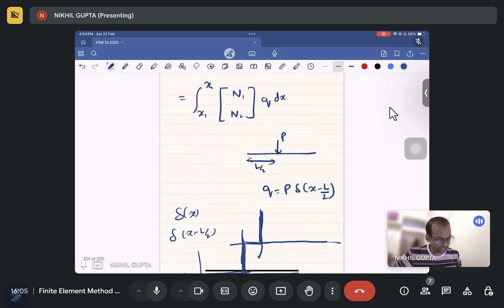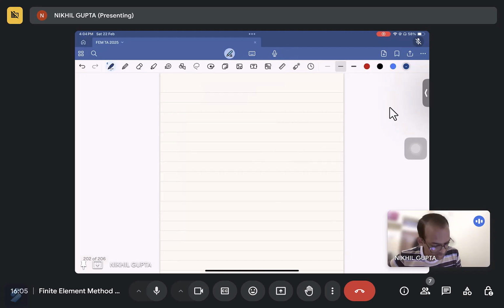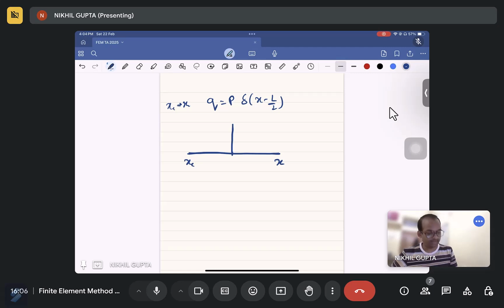So what this function denotes is q equals P delta of x minus L by 2. Since we are integrating from x1 to x2, everywhere it is 0, but at L by 2 it reaches a value of 1.